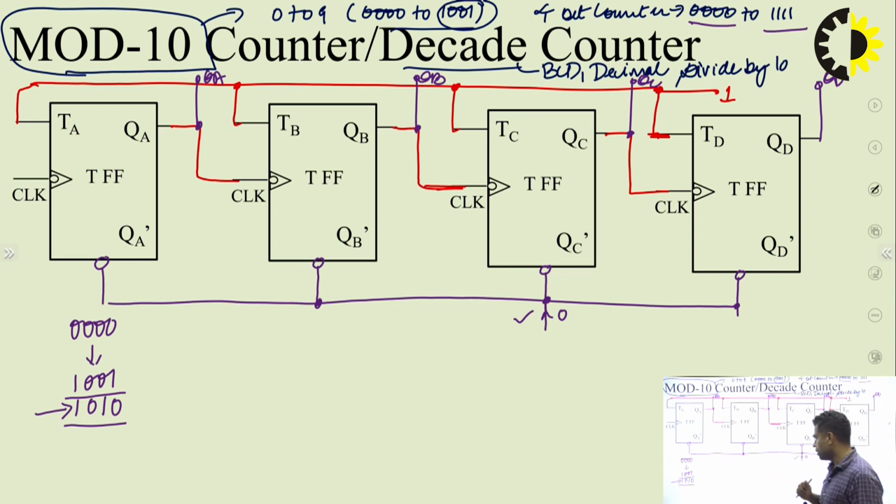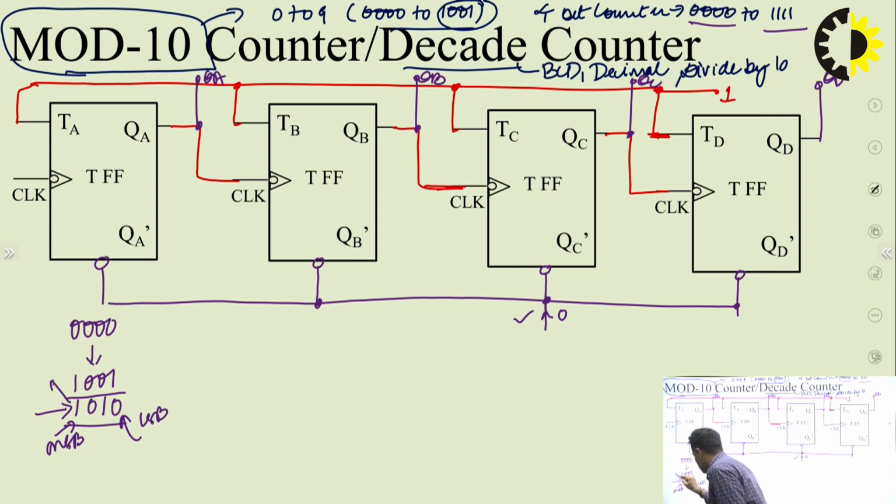This is my MSB and this is LSB, so this is QD and this is QA. You can check here that QD and QB are equal to 1.